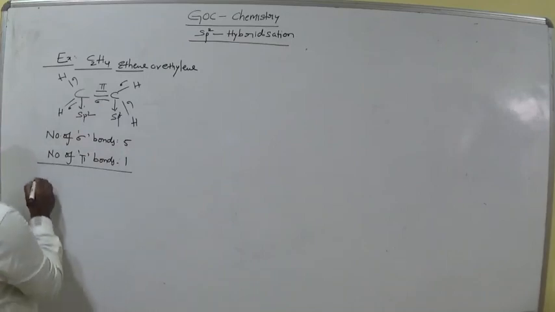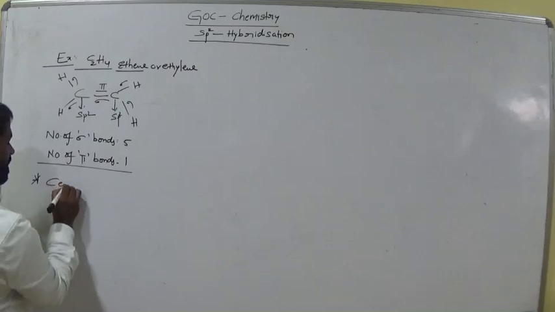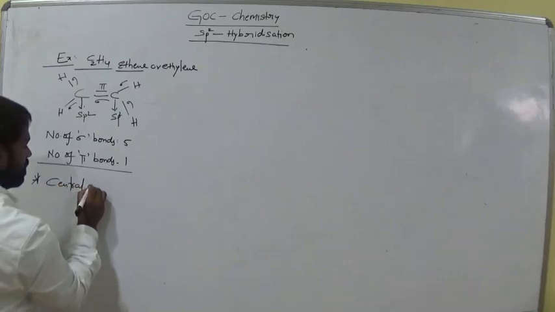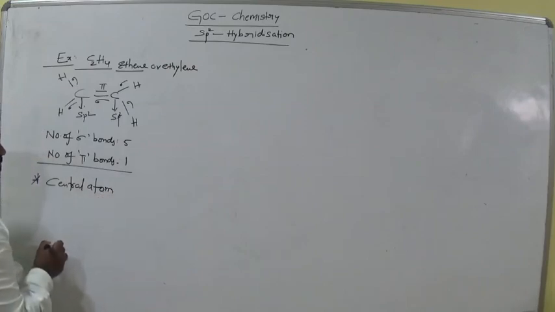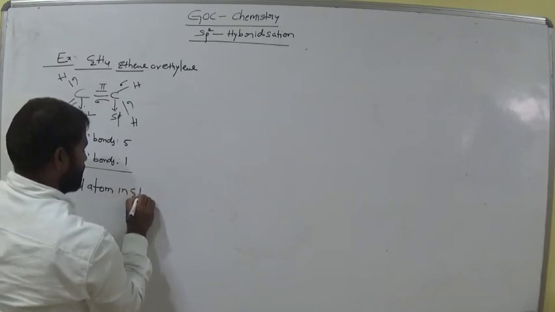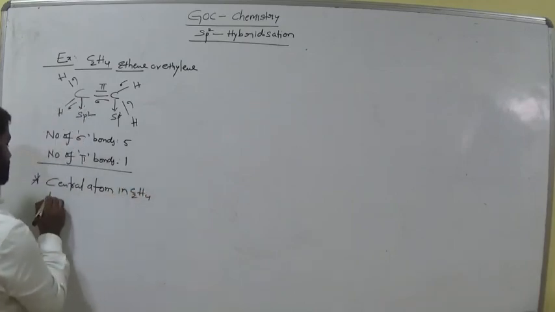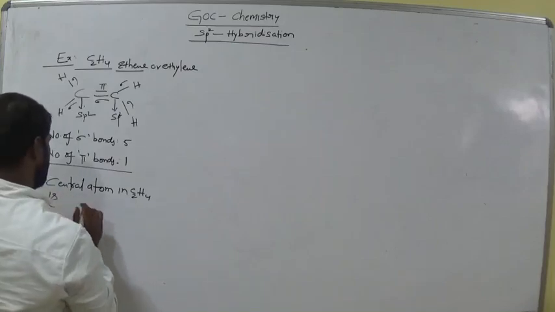Okay. Now let us discuss. It consists of 2 carbon atoms. The central atoms in C2H4 are the carbon atoms.